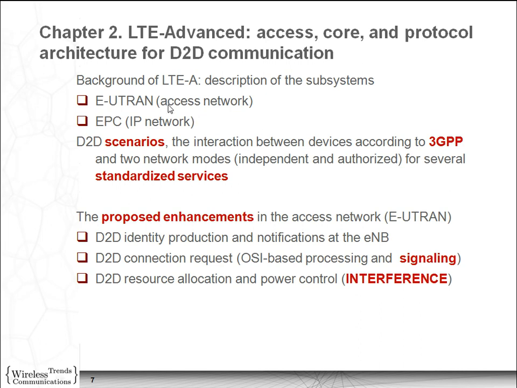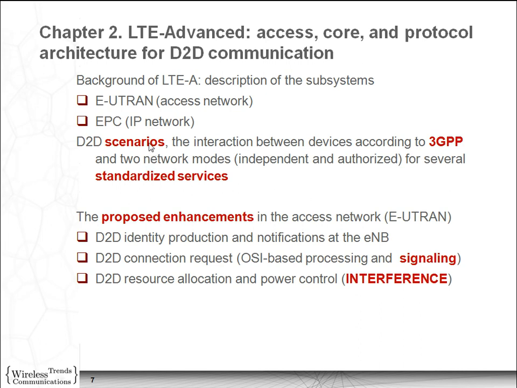They start with a general description of the subsystems of LTE, that means the U-TRAN, the access network, and the evolved packet core, when we have everything in IP, and they mention several scenarios defined by 3GPP and which are the possible standardized addresses. I need to say that some of the information is repeated chapter after chapter, but it is okay because they may tell you information that the others are not telling you anyway.